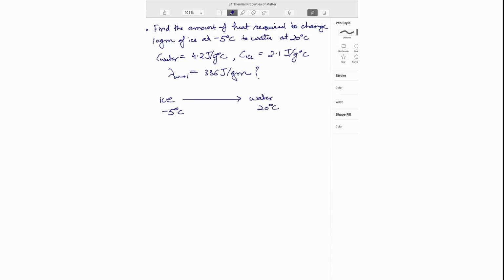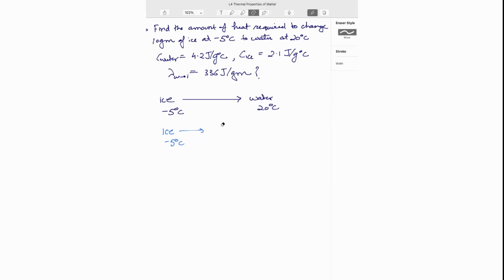Many processes happen in between the change from ice to water, and you need to understand this phenomenon. First, because we know the melting point of ice is 0 degree centigrade, the ice will go from -5 degree centigrade to 0 degree centigrade.